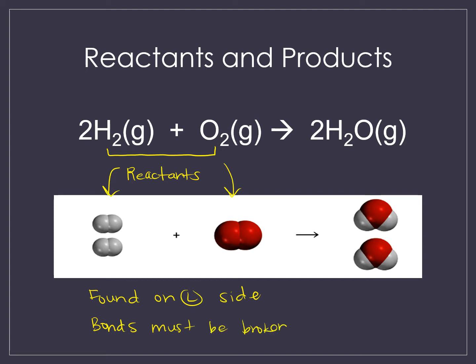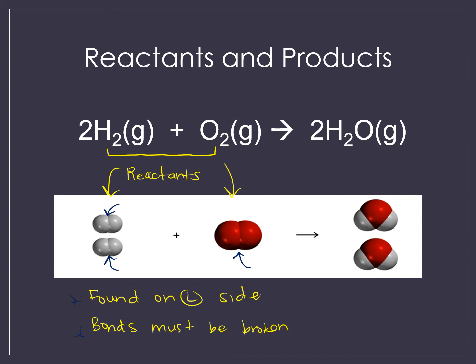So as I'm looking at my model here, in order to convert these reactants to my products over here, to these water molecules, I'd have to break this bond between the two hydrogen atoms, this bond between the two hydrogen atoms, and this bond between the two oxygen atoms before my products could be formed. So at the bottom of that box, you've written down both important pieces of information.